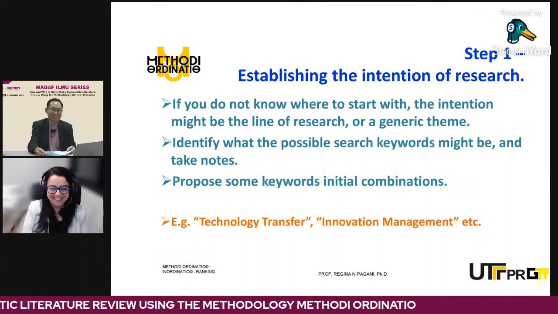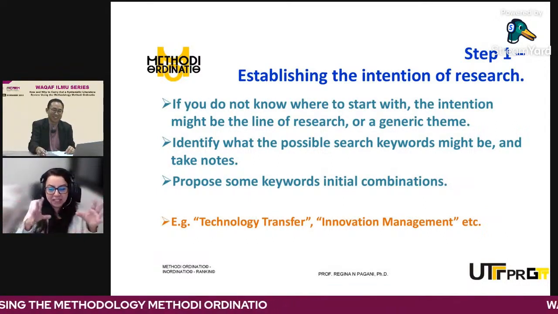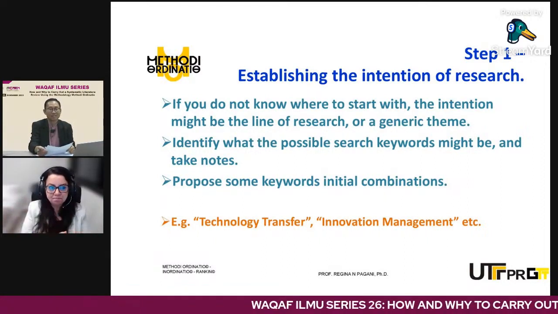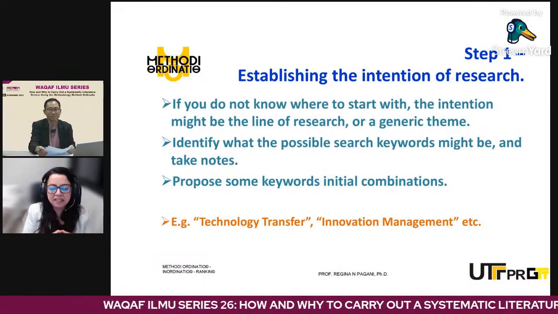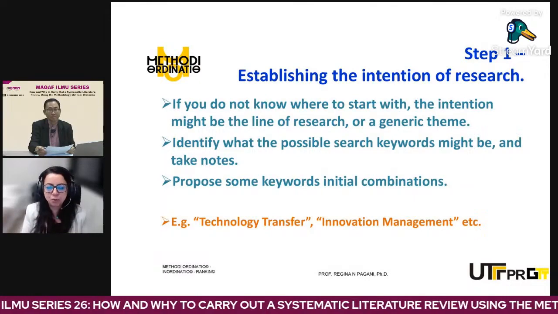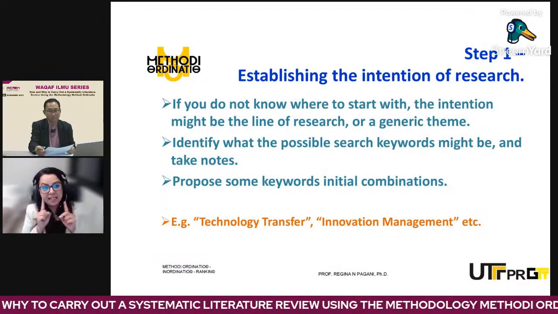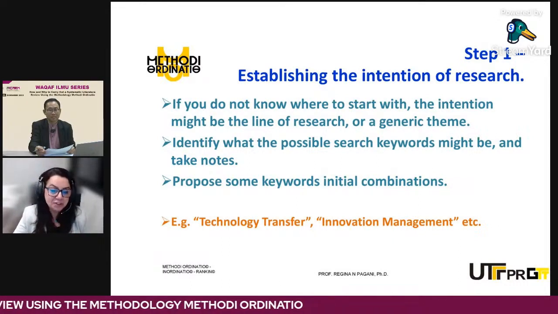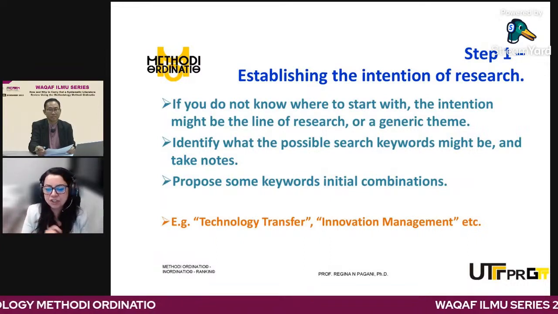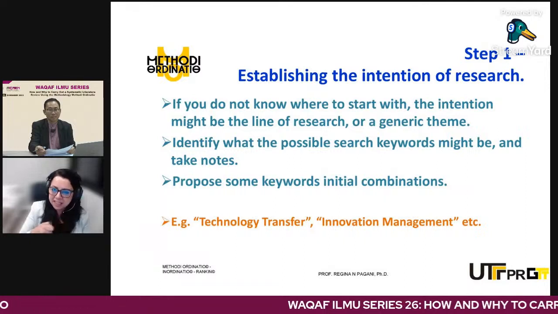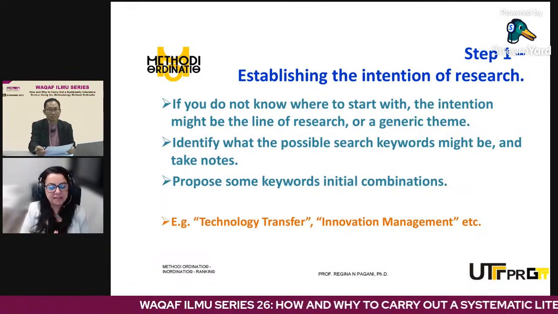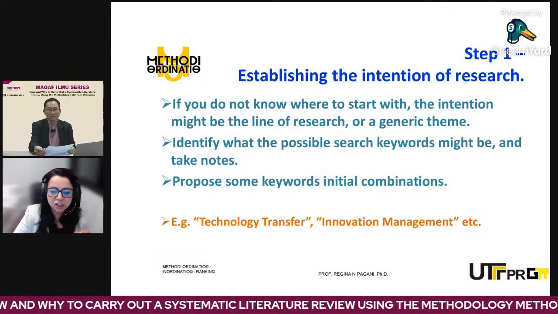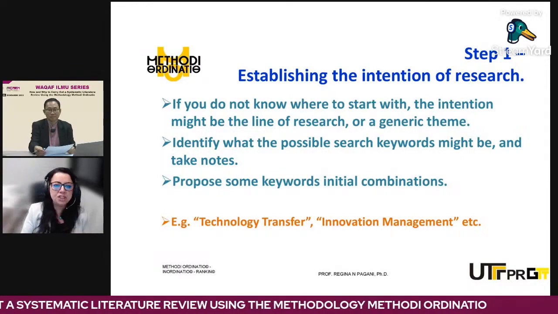Where to start? I said, oh my God, what's going on now? Then I started reading a few, and I found out that some of the papers would mention models. I said, oh, technology transfer model may be a good idea to start. So identify what the possible search keywords might be and take notes of these combinations. Propose some initial keyword combinations, like technology transfer or innovation management model, and so on.